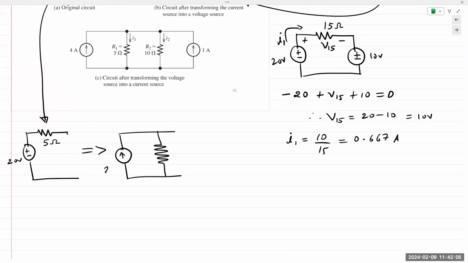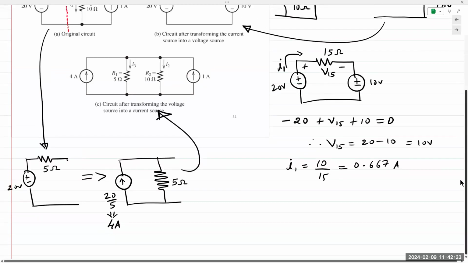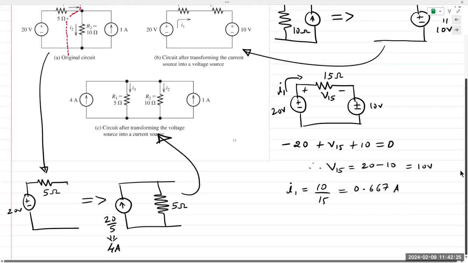That current source will have a value of 20 divided by 5, which is equal to 4 amps. This would still be 5 ohms. And you plug it back into the circuit and you get 2 current sources together in the same direction. You can add them up and treat it as one single current source of 5 amps and solve the circuit that way.